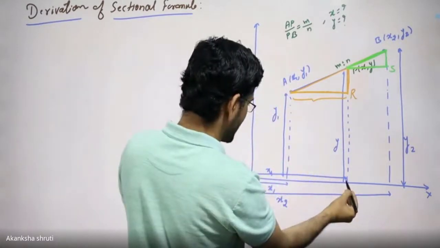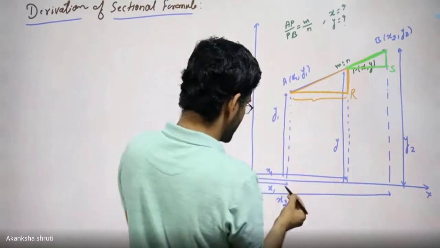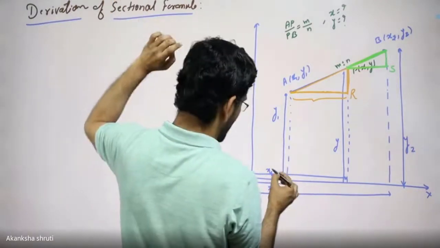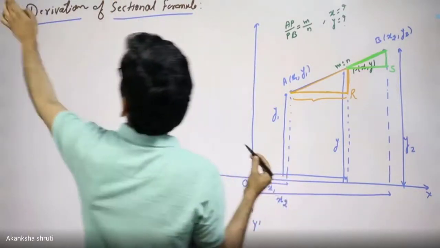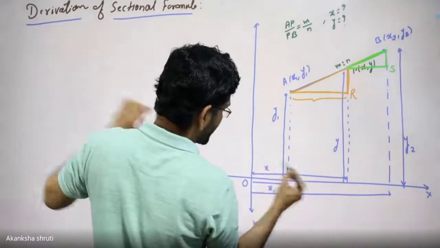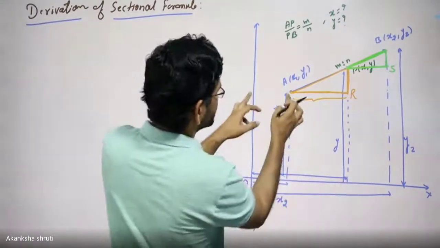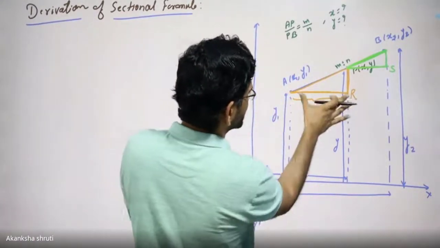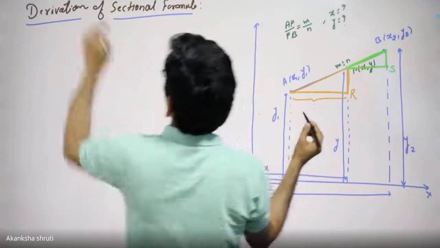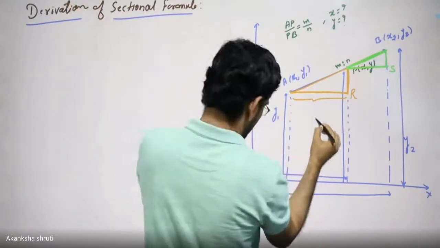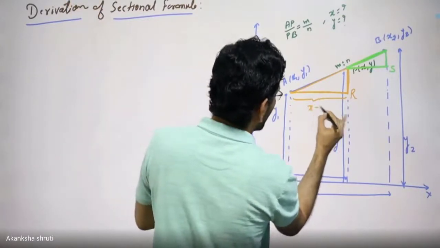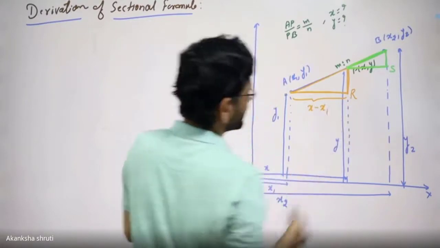This is the complete x, and this is our x1. Keep in mind, this much length is our x, and for this A, x1. So this length will be x minus x1.